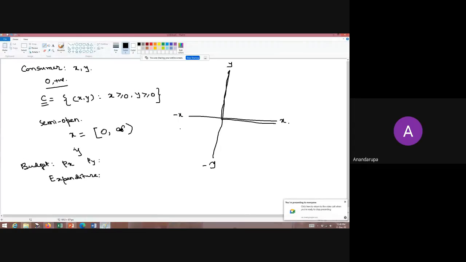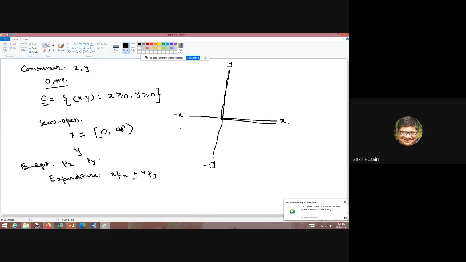X into PX plus Y into PY. Okay, so this is the expenditure.